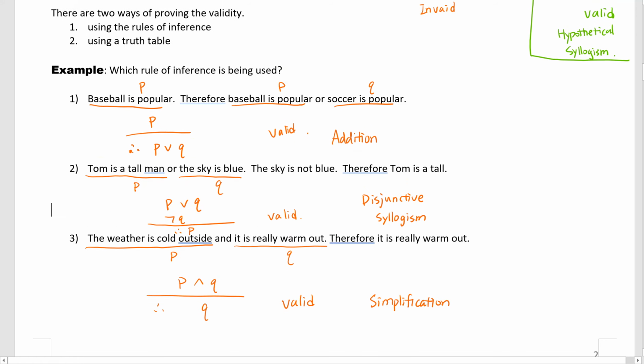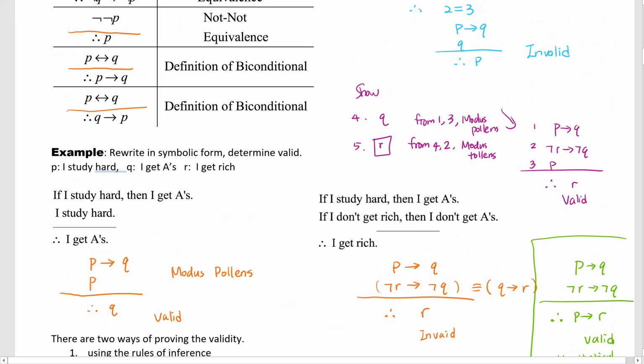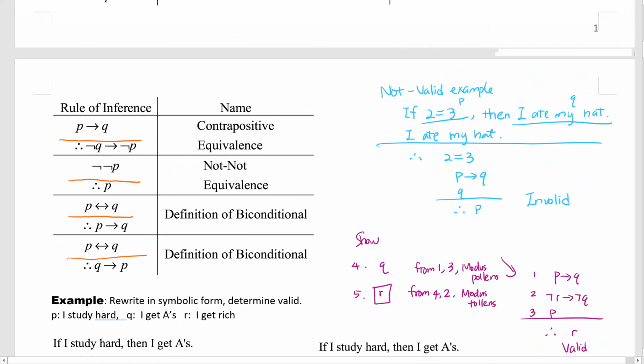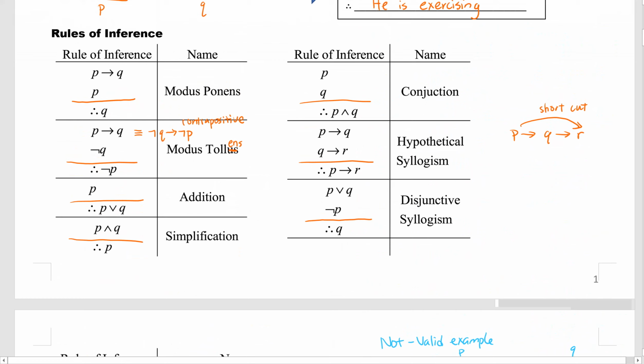Keep in mind the names of different rules of inference. Let me review with you. Modus ponens: P implies Q, P is true, so Q is true.